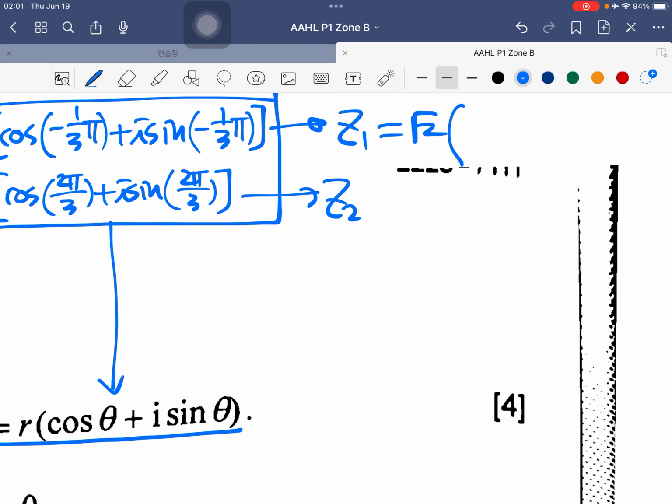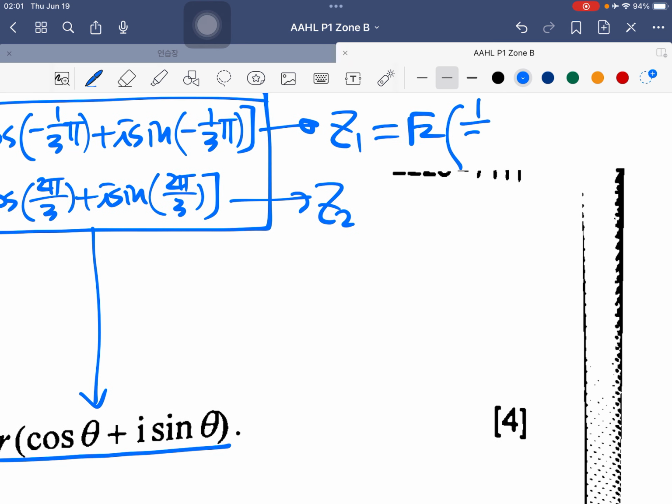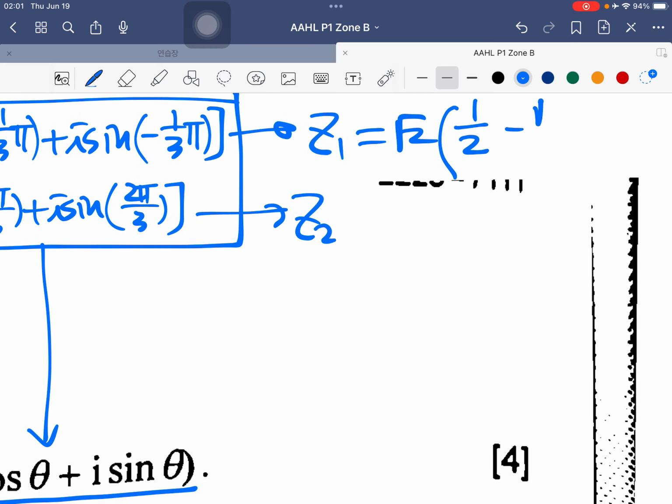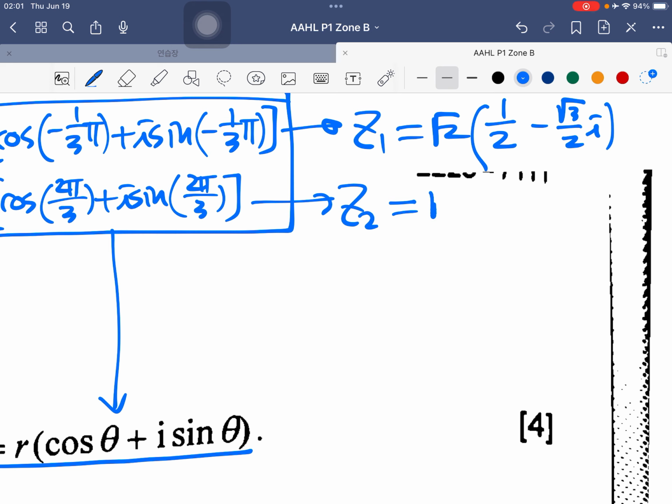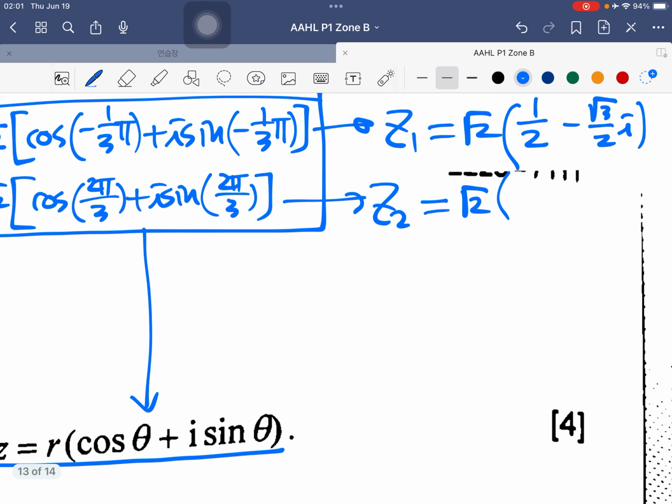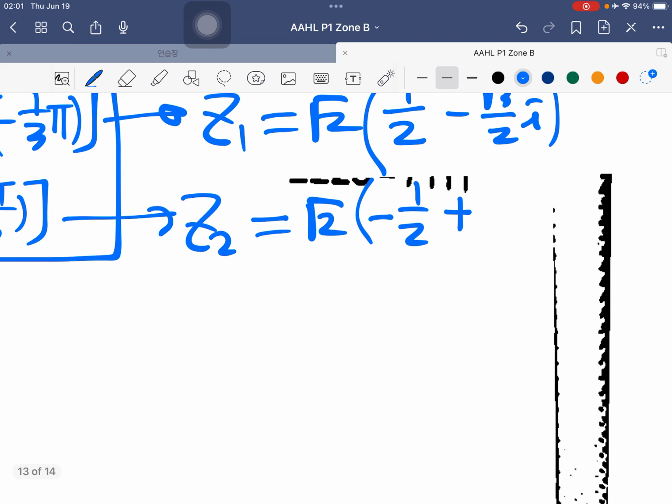How much is it? It is 1/2, right? Plus i sine of minus pi over 3, which is negative root 3 over 2 i. And z2 should be root 2 times cosine 2 pi over 3, which is negative 1/2, plus i sine 2 pi over 3, which is equal to sine pi over 3, exactly root 3 over 2 i.